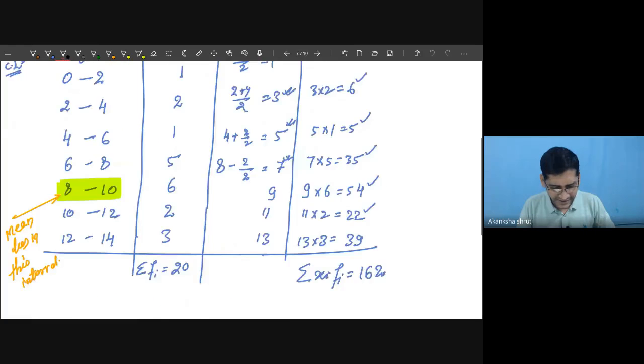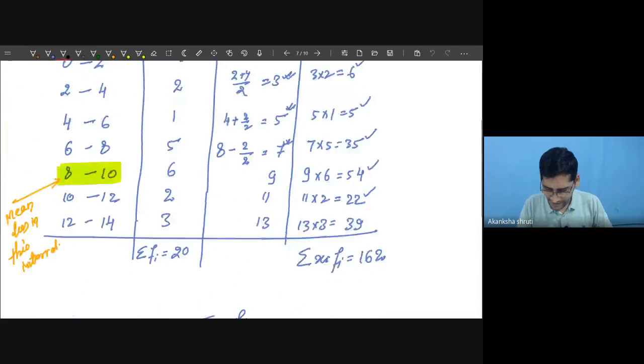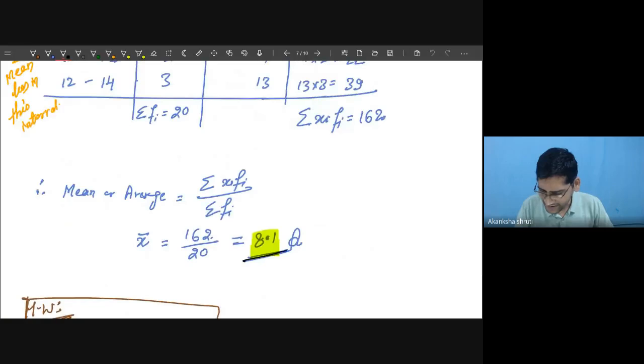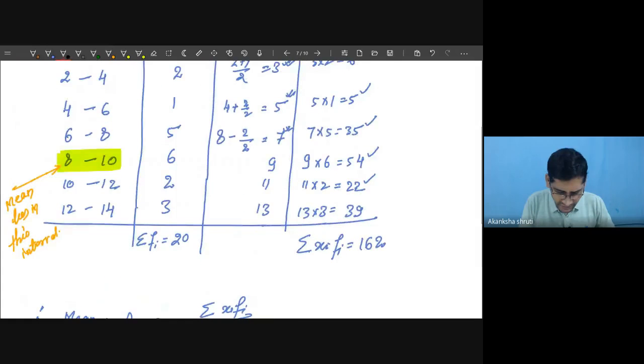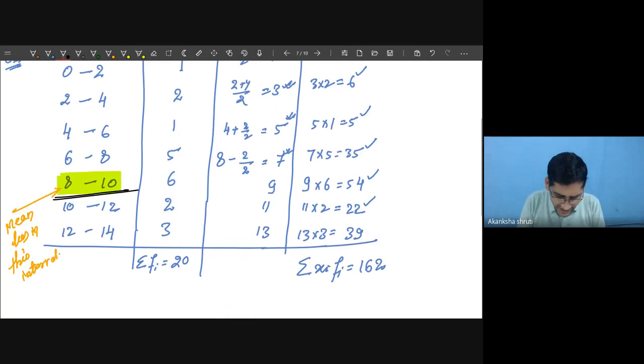Last day I had explained with this example that the mean that we have calculated is 8.1. It is falling in the interval 8 to 10. Means here we can assume that let the mean be 8.